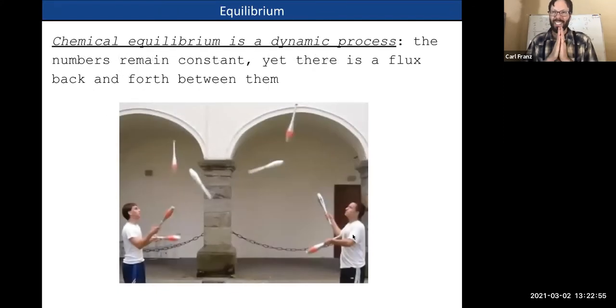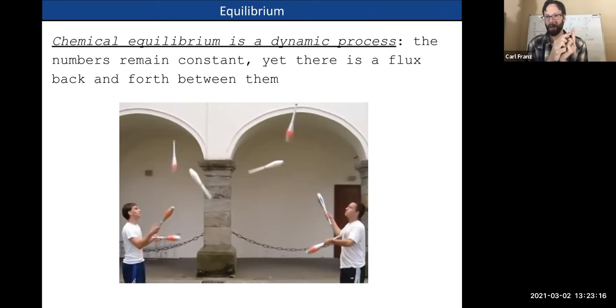But equilibrium is dynamic. Okay, what does that mean? That means when a system has reached equilibrium, it doesn't mean that things are static, that the reactants are now what they are and the products are now what they are. It's going back and forth.